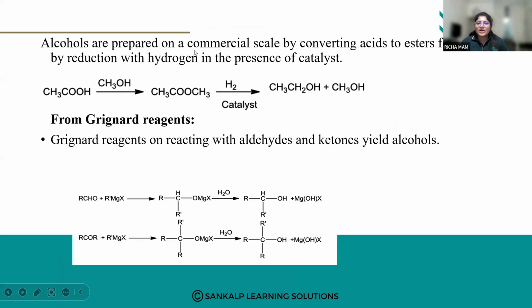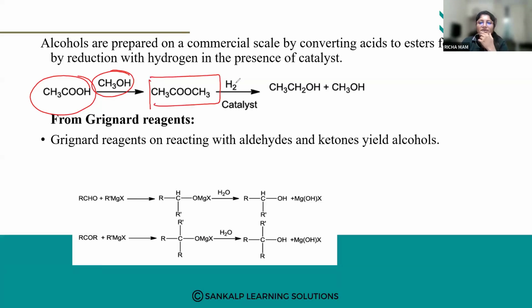Alcohols are prepared on a commercial scale by converting the acids to esters, followed by reduction with hydrogen in the presence of a catalyst. When I want to prepare alcohol in large quantity, I cannot prepare it directly. So what are the steps? When a carboxylic acid is reacted with an alcohol, you get an ester.